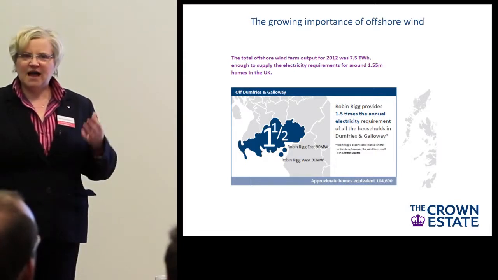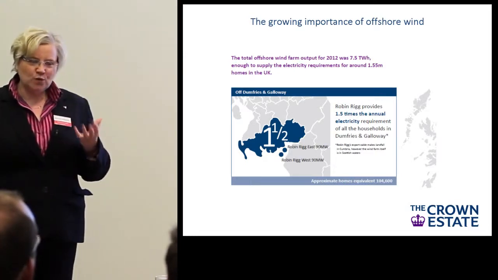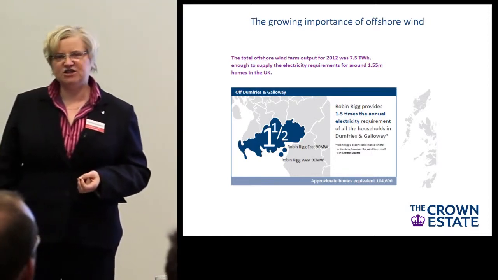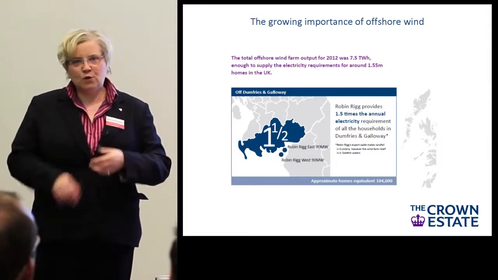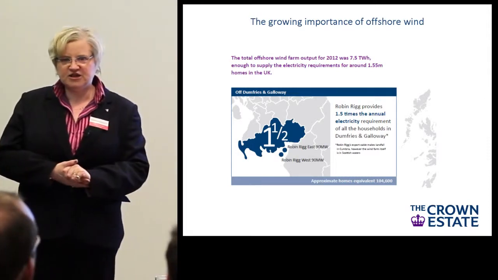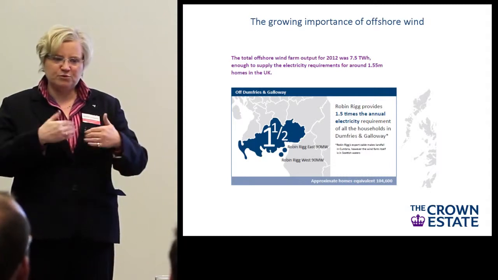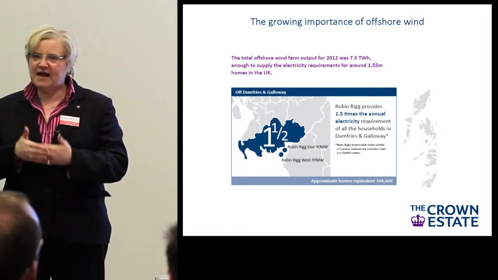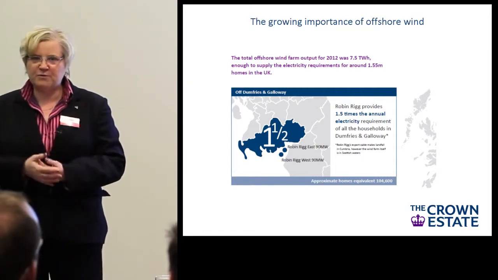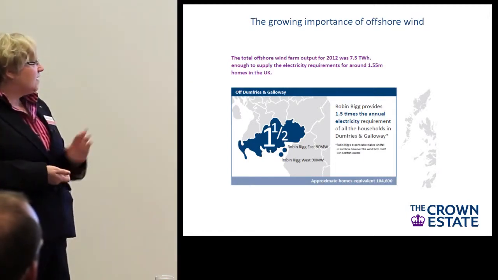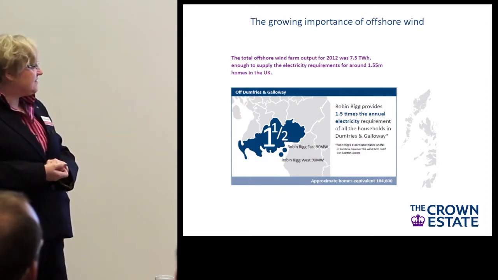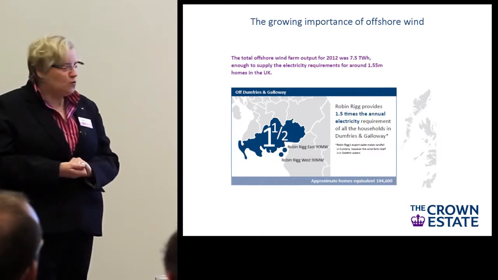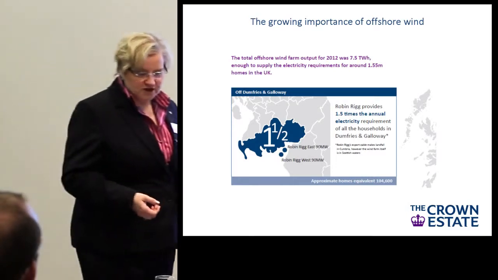Offshore wind is intermittent, and it is that balance of technology and that balance of energy which we, in the offshore wind industry, are trying to promote and develop, both for security of supply and for a greener, better environment for us all. And here's an example of an existing wind farm, Robin Rigg, on the west coast of Scotland, and what it actually outputs for us.